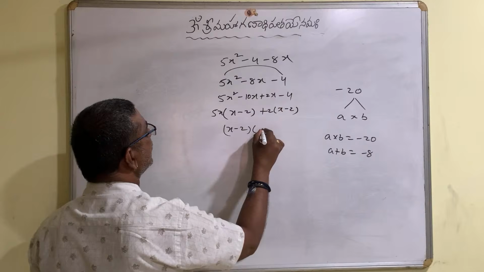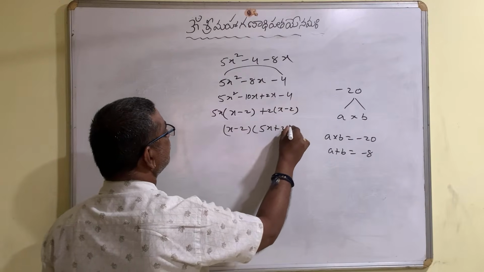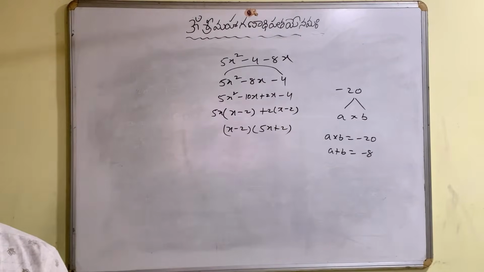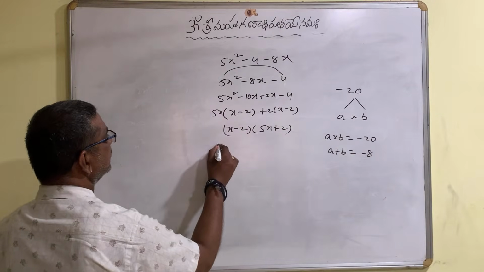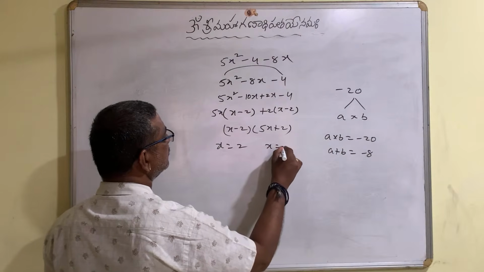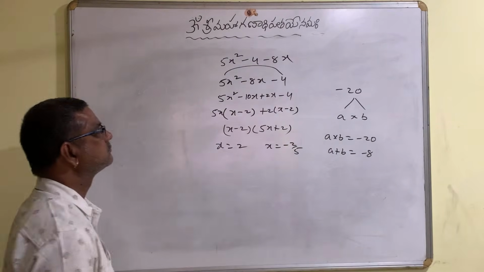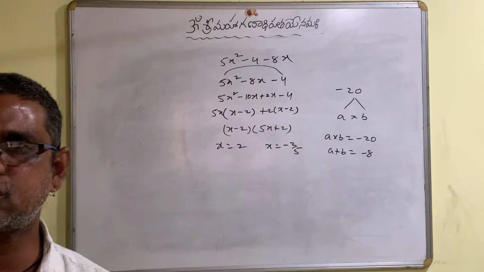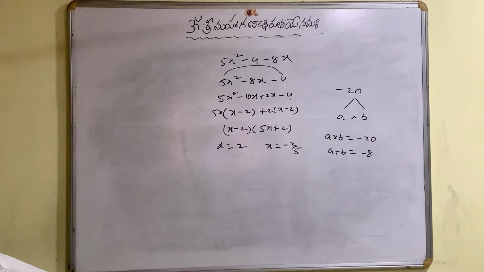Again x minus 2 is common, so 5x plus 2 times x minus 2. Now x will be 2 and minus 2 by 5. So the zeros are 2 comma minus 2 by 5.